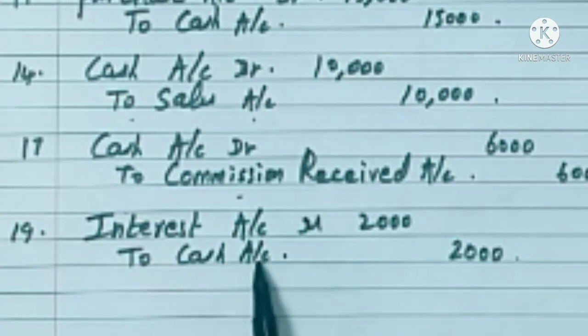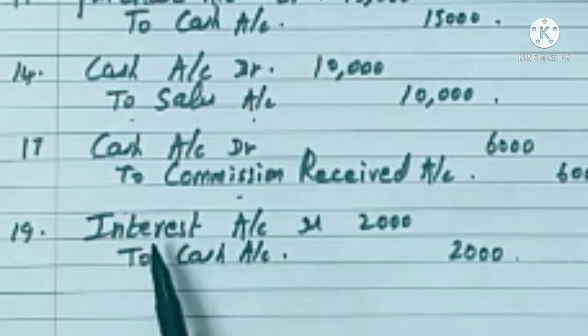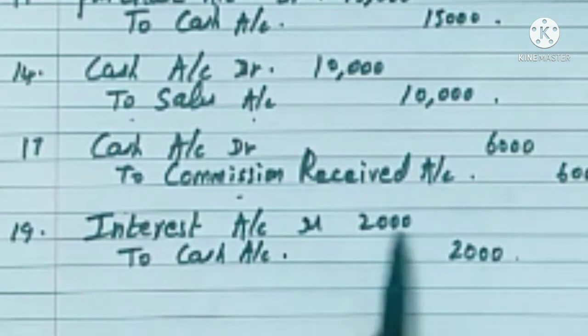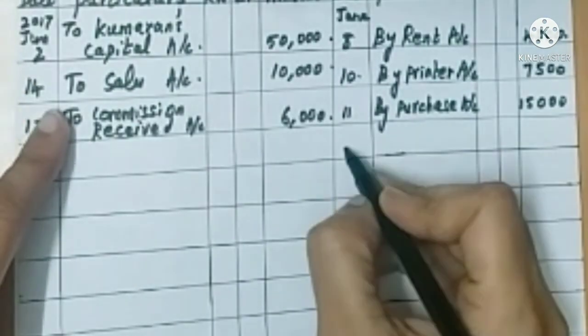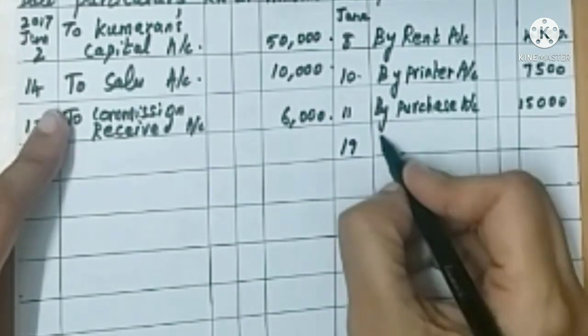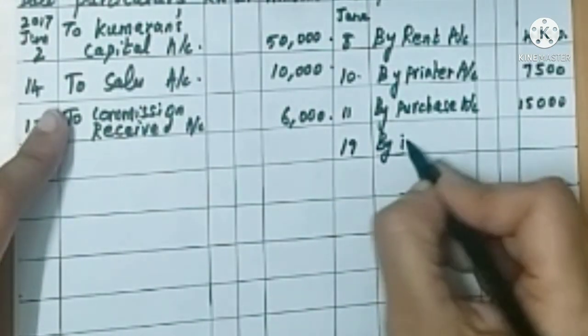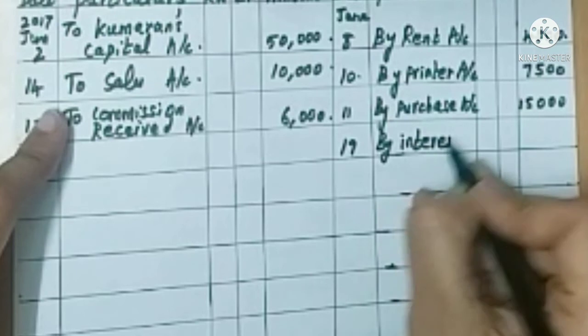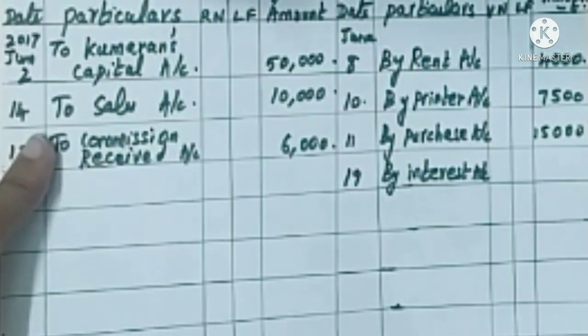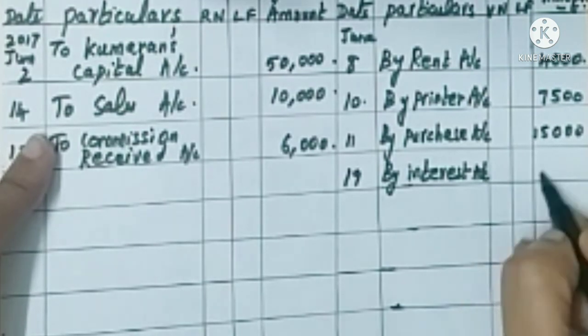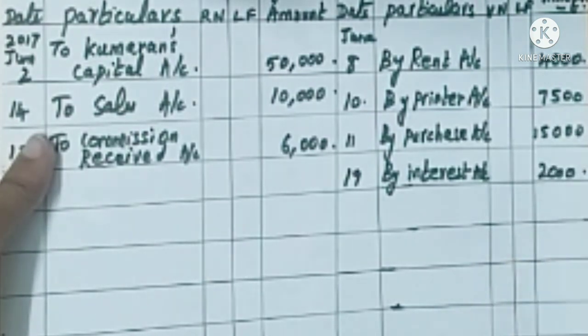So I am going to write it on the credit side: 19th June, by interest account, 2000 rupees.